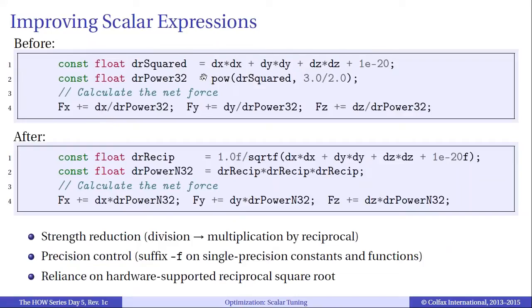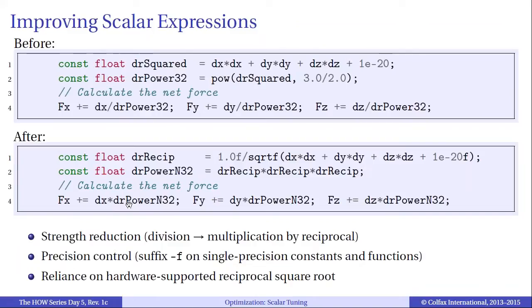One opportunity that I can recognize here is that division is an expensive operation compared to multiplication. So instead of computing dr squared to power 3/2, maybe I could compute dr squared to power -3/2, and then instead of divisions, I would use multiplication. This is called strength reduction, and this will already help me to speed up the code a little bit.